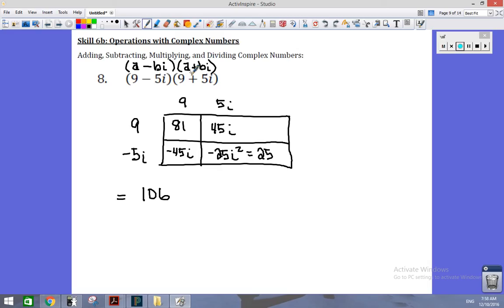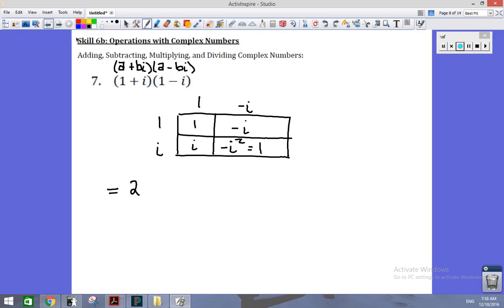But the important thing to notice here is that if you were to write out a table with the a plus bi and a minus bi, the middle terms there are always going to cancel. And what we're always going to get, we have a formula now, is a squared plus b squared.